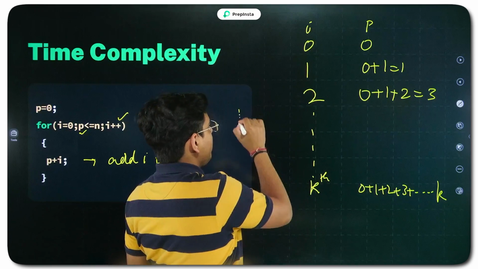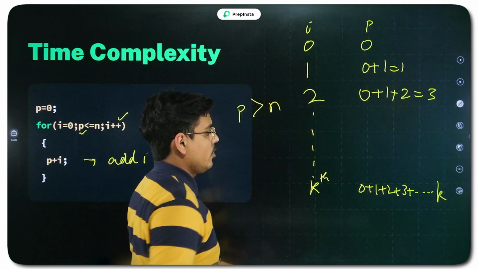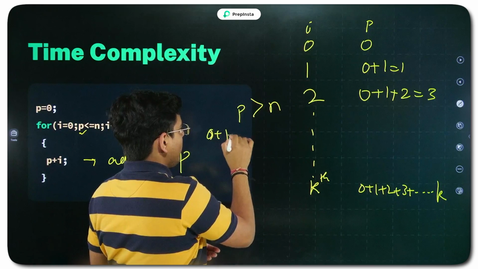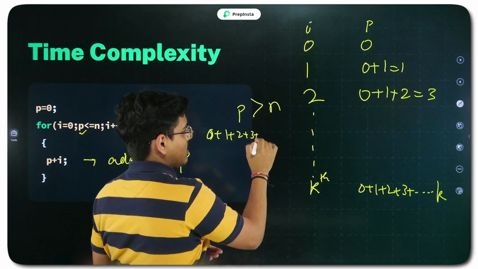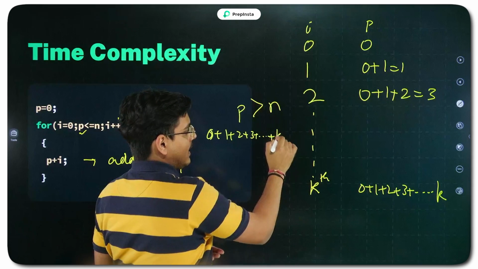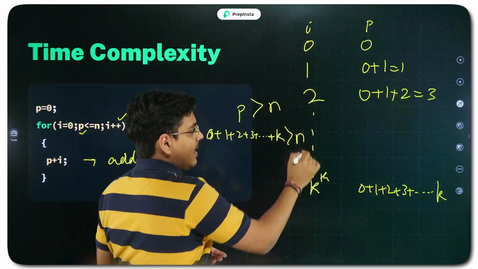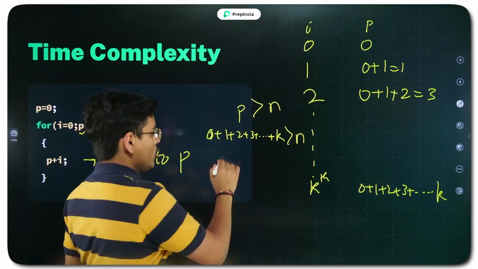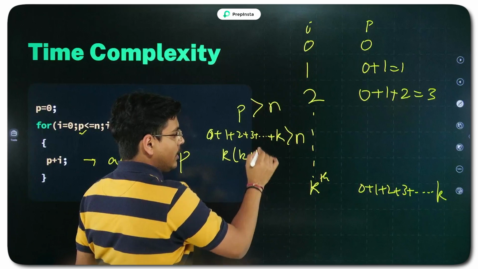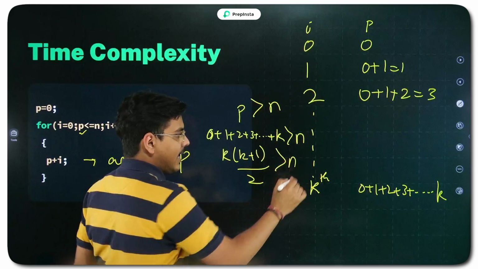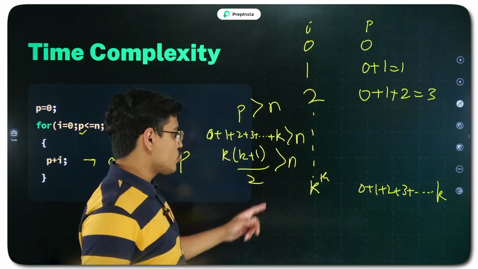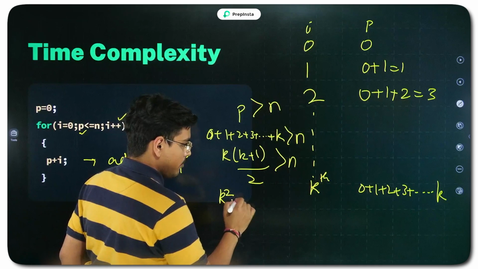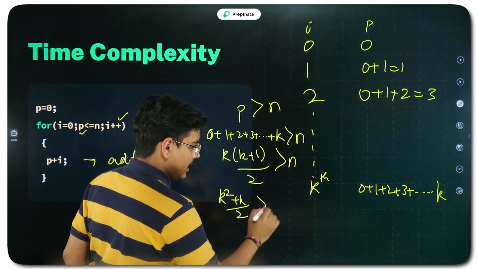Basically what I am saying is this 0 plus 1 plus 2 plus 3 going on till k, this is the value of p which we are computing, becomes greater than n. Which basically means the sum of first natural numbers till k, so k into k plus 1 by 2, is greater than n. That is what I am suggesting. If this is true, then k square plus k by 2 is greater than n.